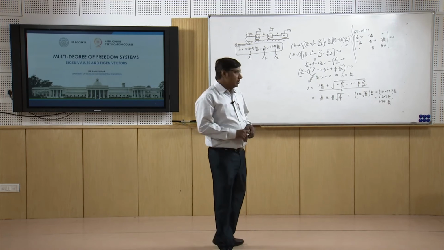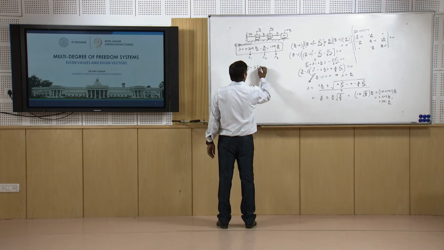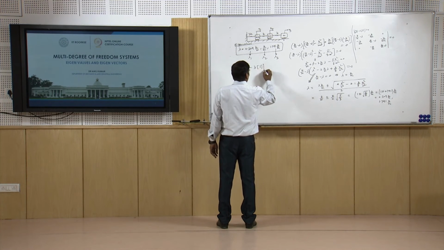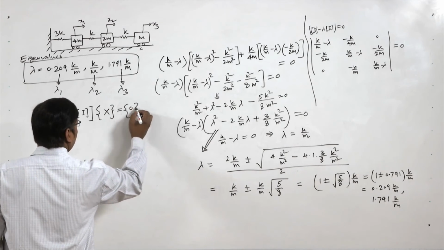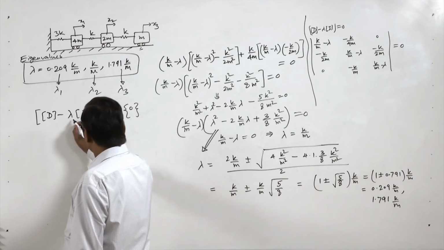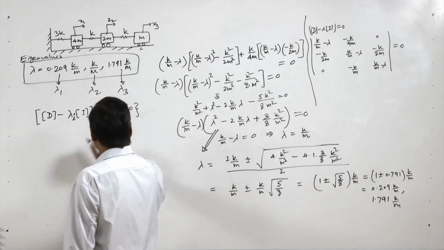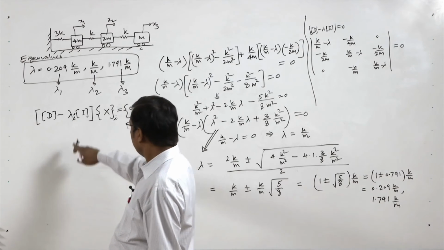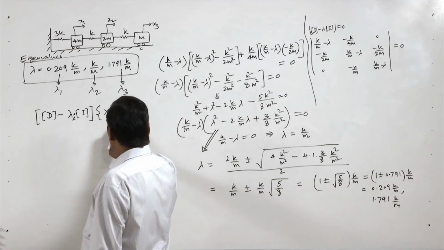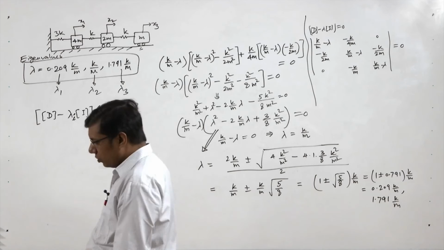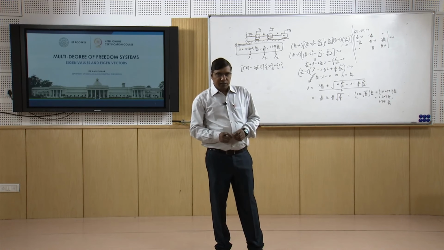To get the eigenvector, we have to use this equation, d minus lambda I times x equal to 0. So here we have to put lambda I, and this is xi. For each lambda we will get one eigenvector. It means that corresponding to each eigenvalue we have one eigenvector.